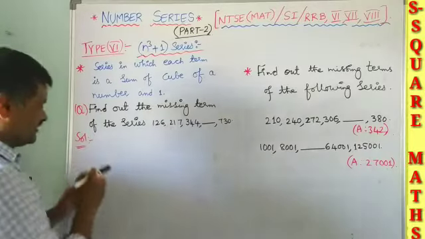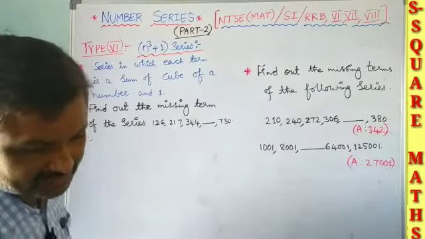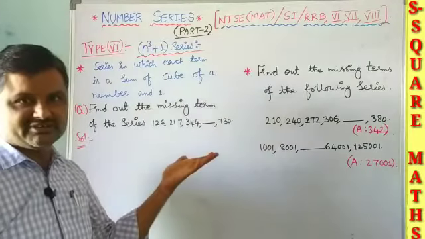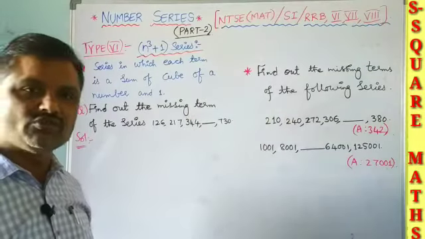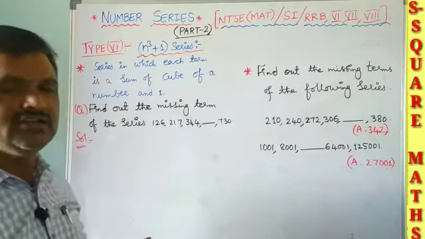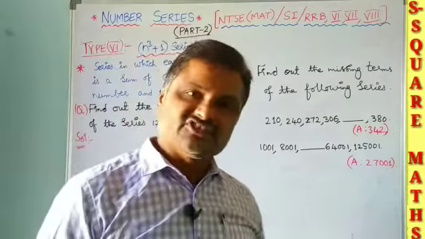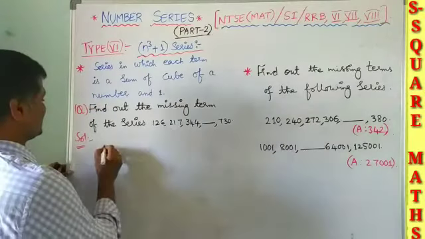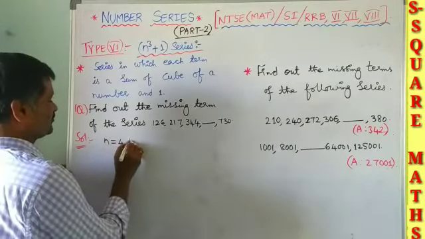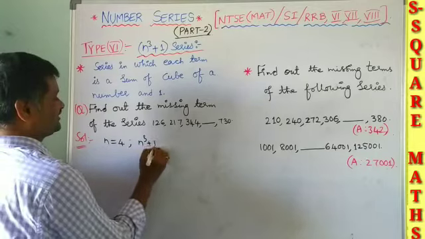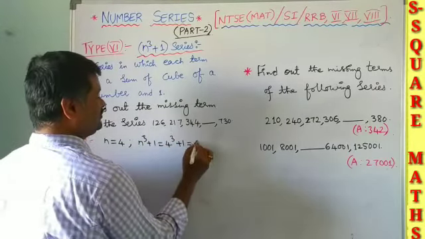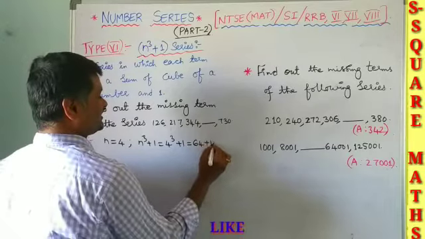With the knowledge of cube of the number we have to proceed. By seeing itself, this is a 3-digit number, so no need to go for 1 cube, 2 cube. 1 cube is 1, 2 cube is 8, 3 cube is 27, 4 cube is 64. So let us start here. n is equal to 4: n cube plus 1, nothing but 4 cube plus 1, gives you 64 plus 1, nothing but 65.